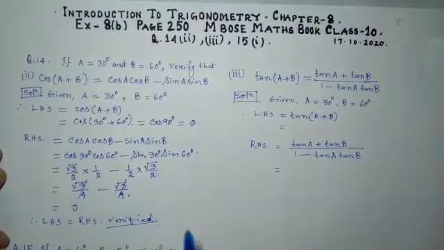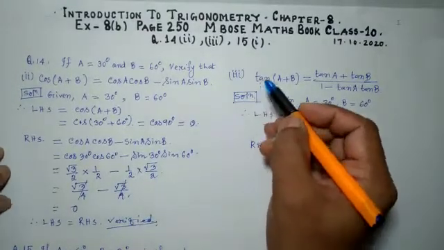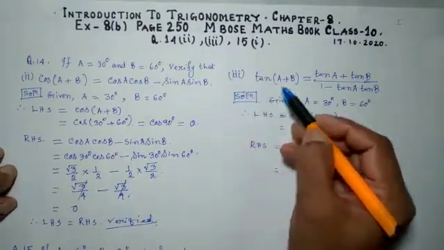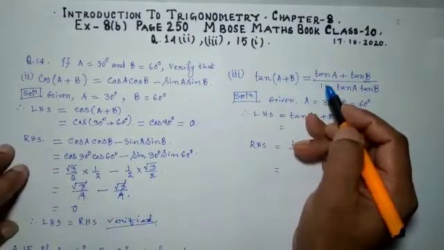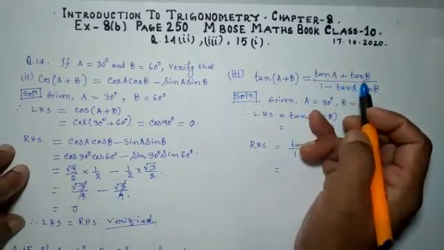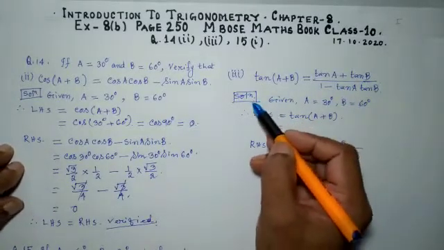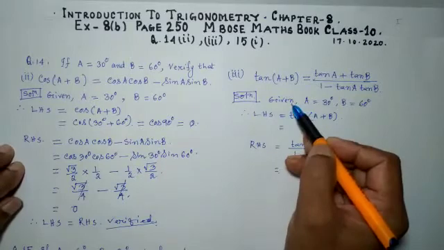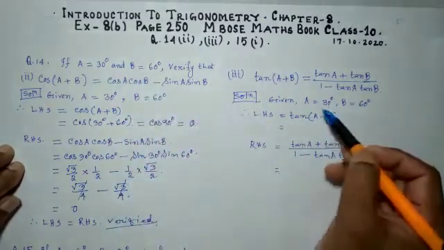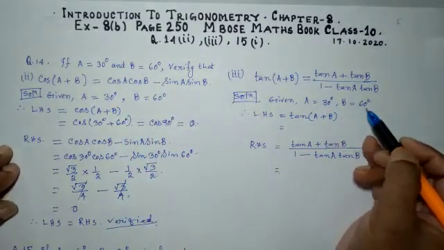Verified. And look at question number 14 sub number 3. tan of A plus B is equal to tan A plus tan B divided by 1 minus tan A tan B. So similar question, solution, given the values of A and B, we write here A is 30 degree and B is 60 degree.